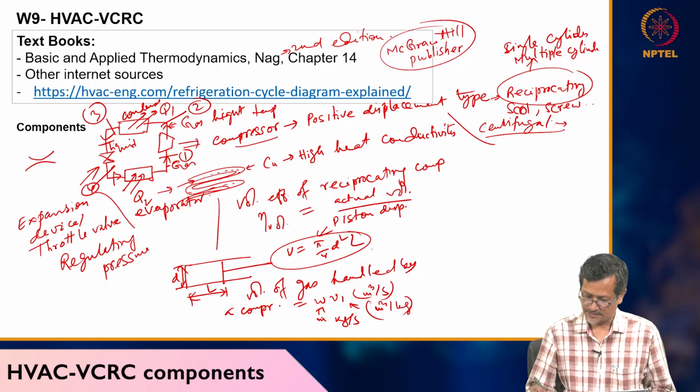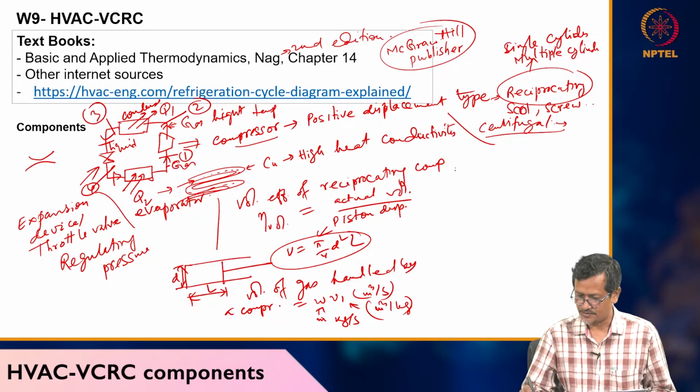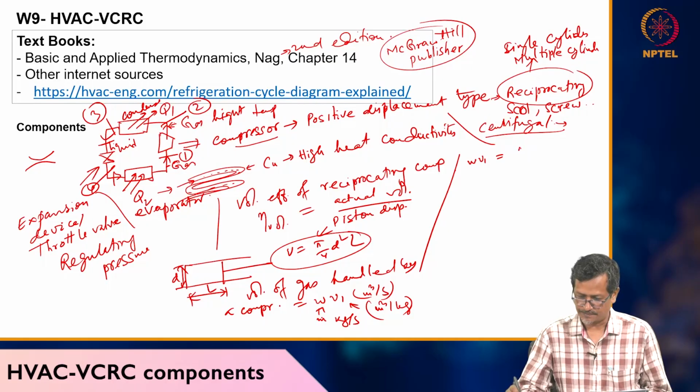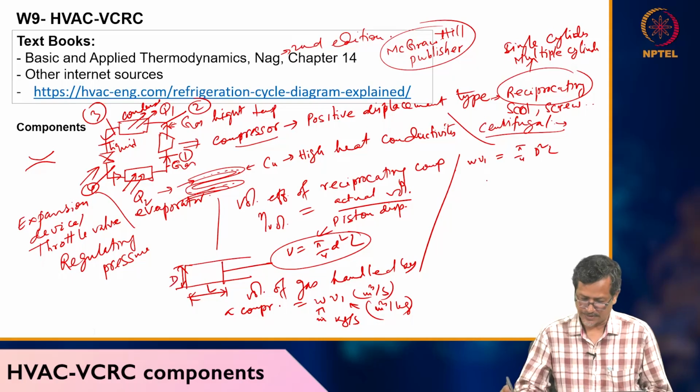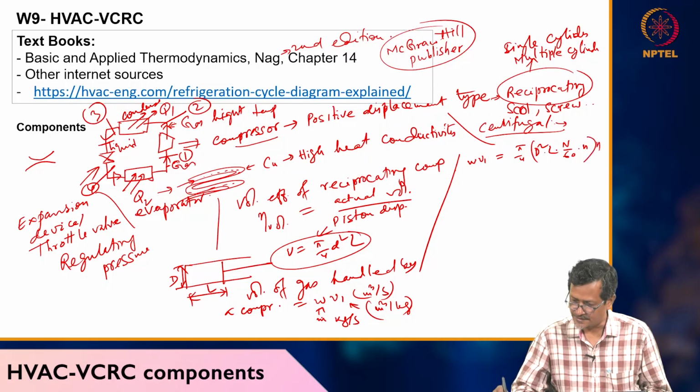Now omega V1 equals pi by 4 D square L into n by 60 into small n, into eta volume.